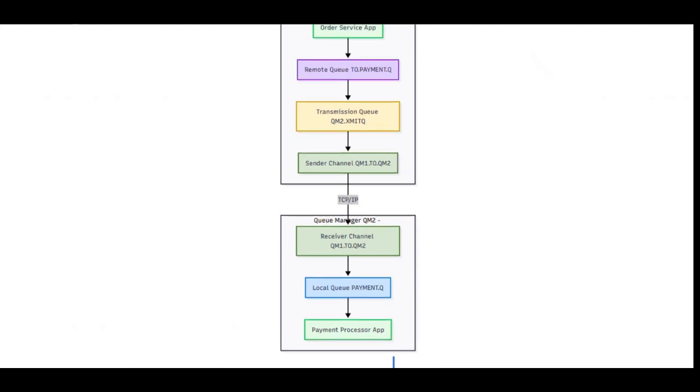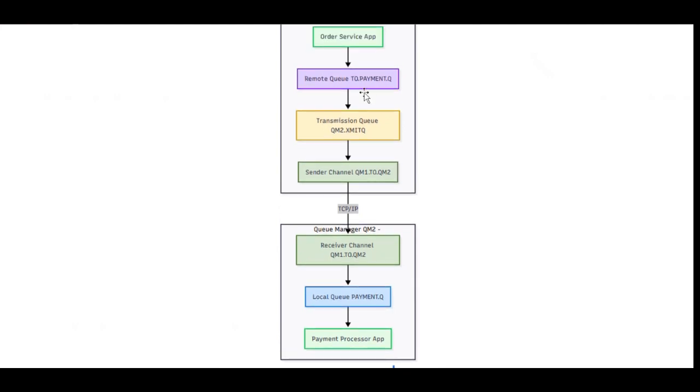So here you see the internal MQ objects of a queue manager on both the ends are different. The sender has a remote queue and transmission queue and sender channel in order to send the messages to a remote queue manager. At the receiver's end, there is a receiver channel and local queue where the messages are stored until the payment processor application consumes it.